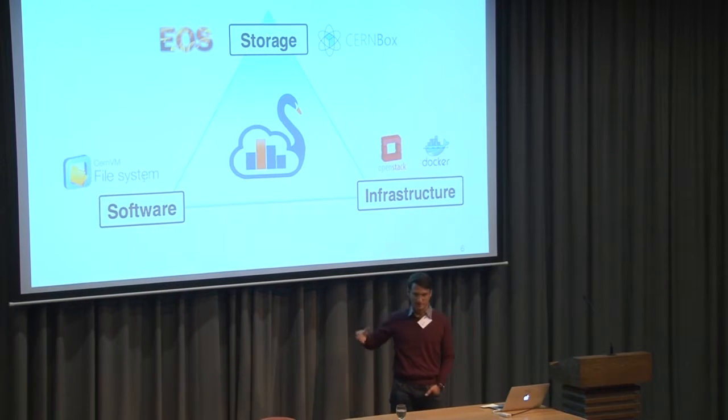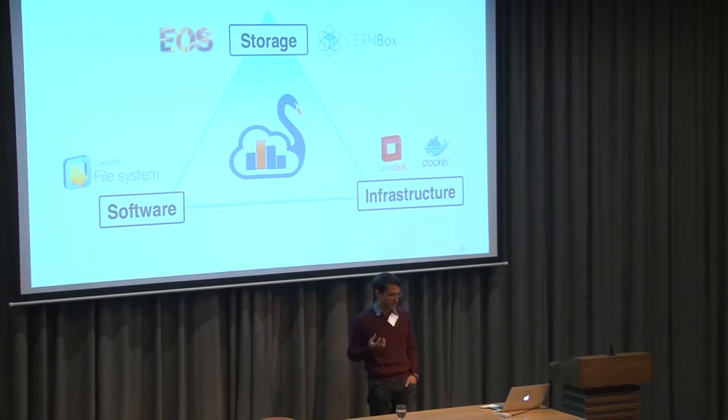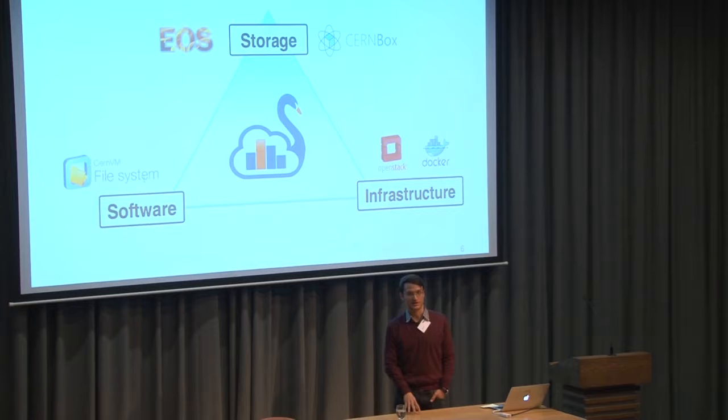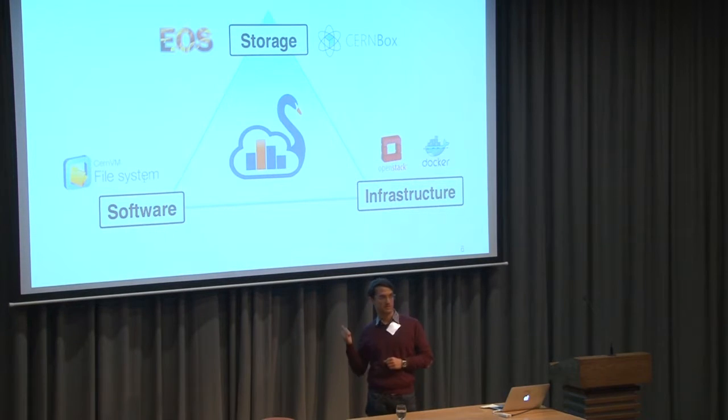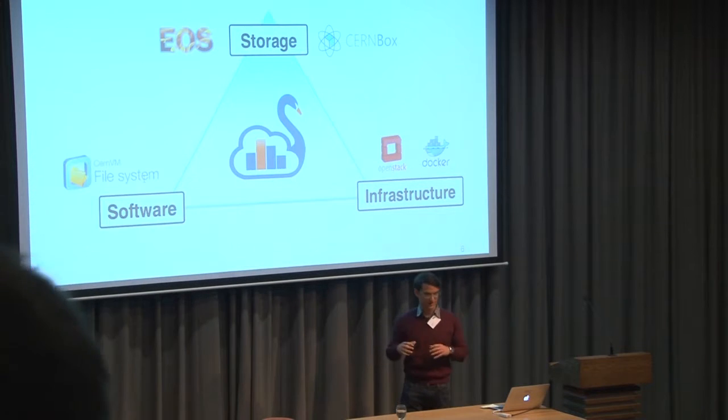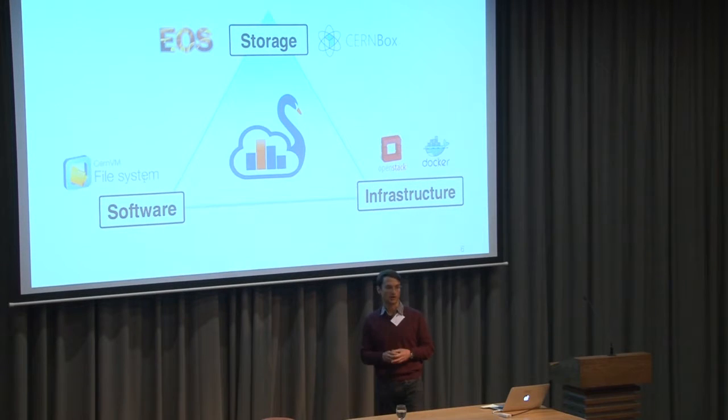Regarding software, where is the software in SWAN, where does it come from? At CERN, we also have this distributed file system, which is called CVMFS. And in SWAN, users can configure their software environment to pick packages from CVMFS. So this is, let's say, the central distribution of software in SWAN.